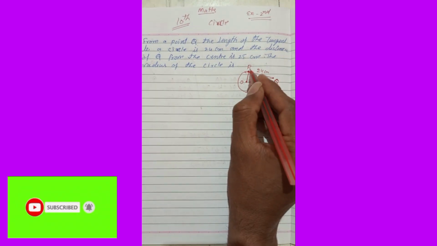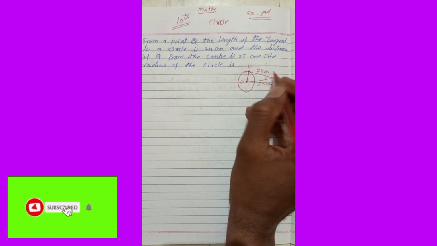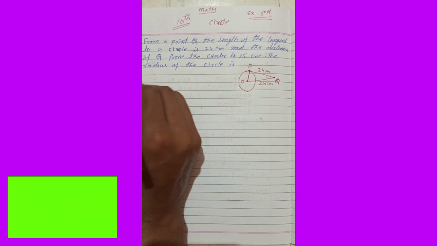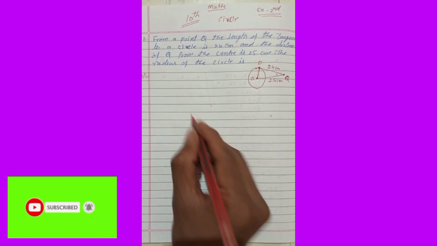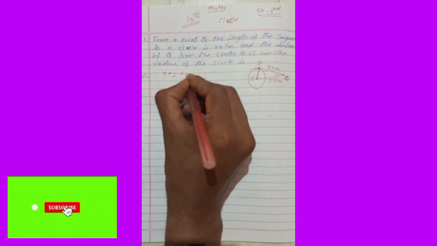Why? Because the radius is always perpendicular to the tangent. Otherwise, the tangent is always perpendicular to the radius. So for the solution, to solve it, we know that OP is perpendicular to PQ. Why?